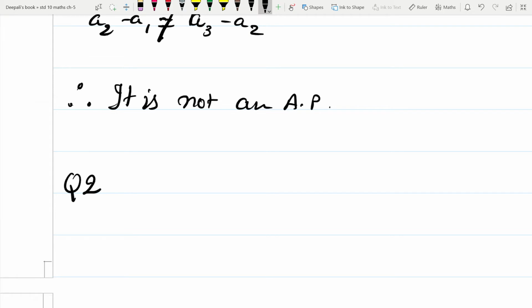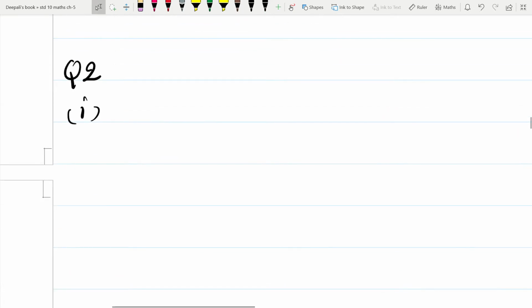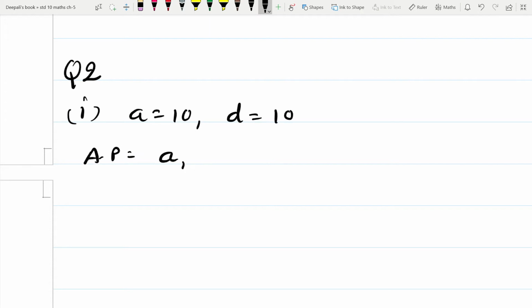Write first four terms of the AP when the first term A and the common difference D is given. So that is number 1. A is equal to 10 and D is equal to 10. So my AP is equal to A, A plus D, A plus 2D and A plus 3D, because they have asked for first four terms, first, second, third and fourth.